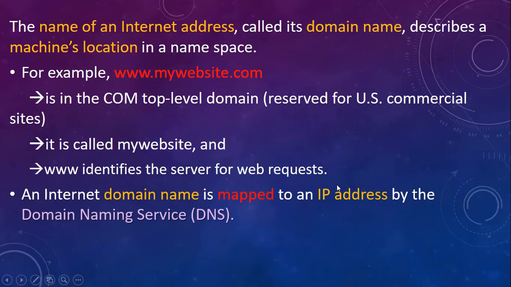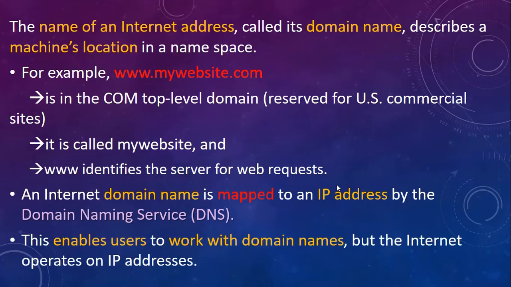The internet domain is mapped to an IP address by a service called DNS, or domain name service. This enables the user to work with domain names, but the internet operates on IP addresses. Basically what happens is that each server will have some IP address.